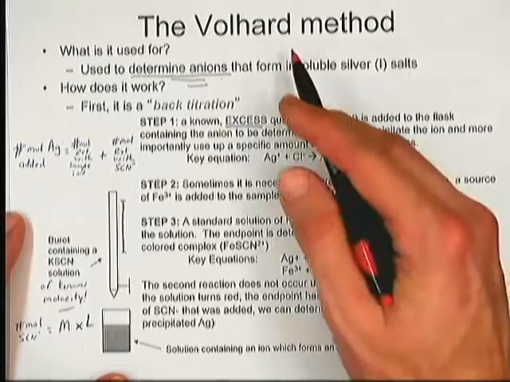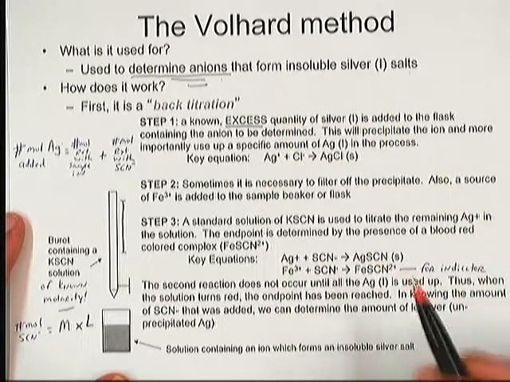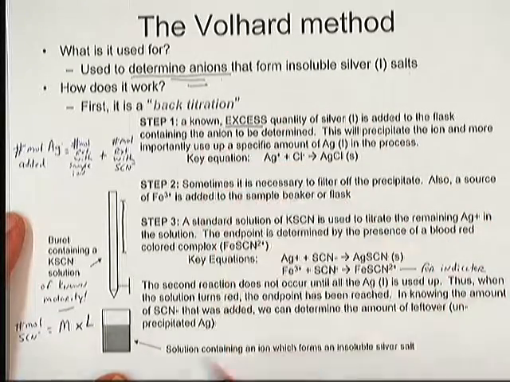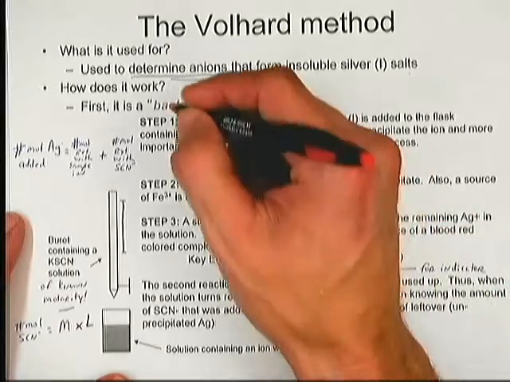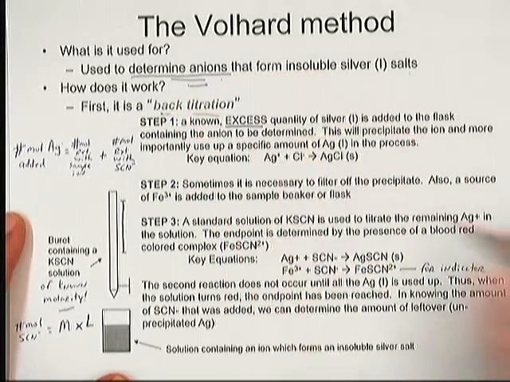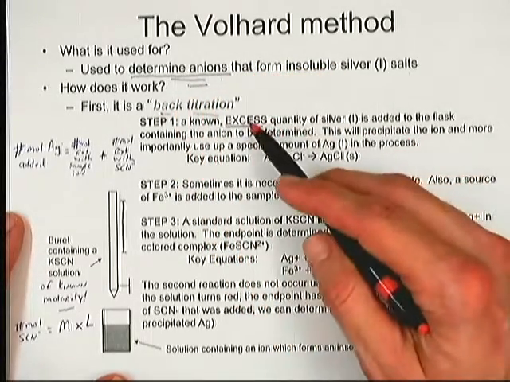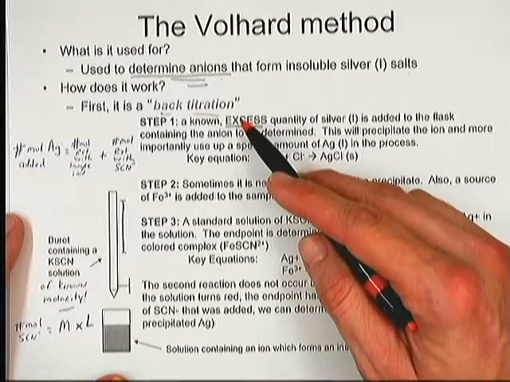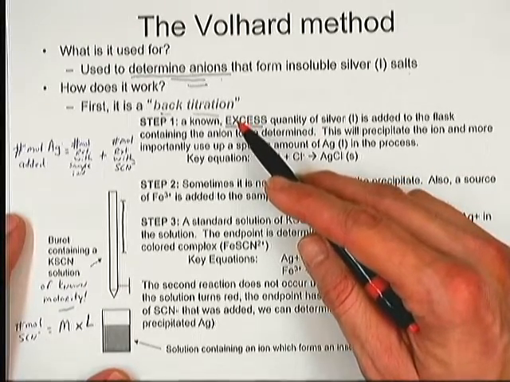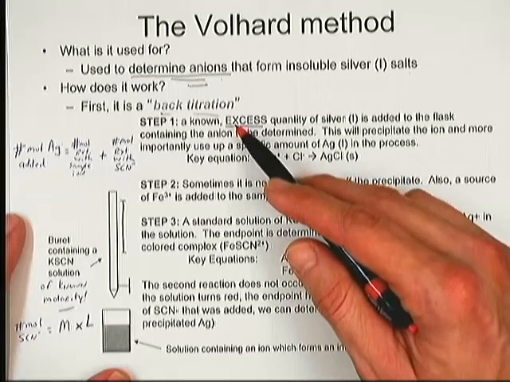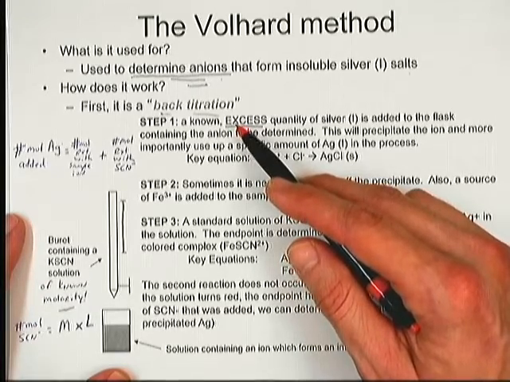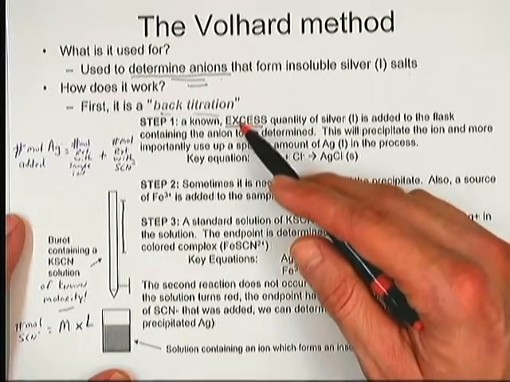Now the Volhard method in specific is a back titration. Back titration. This is an important bit of terminology. And generally speaking, in a back titration, what the analyst does is in the first step, they purposely add too much of a reagent that reacts with the analyte. So you over-add the reagent purposely, okay?